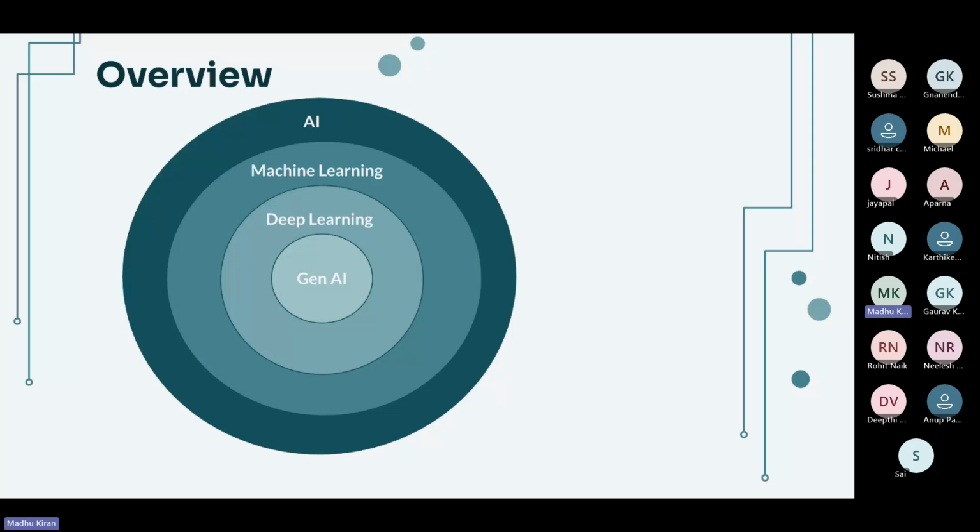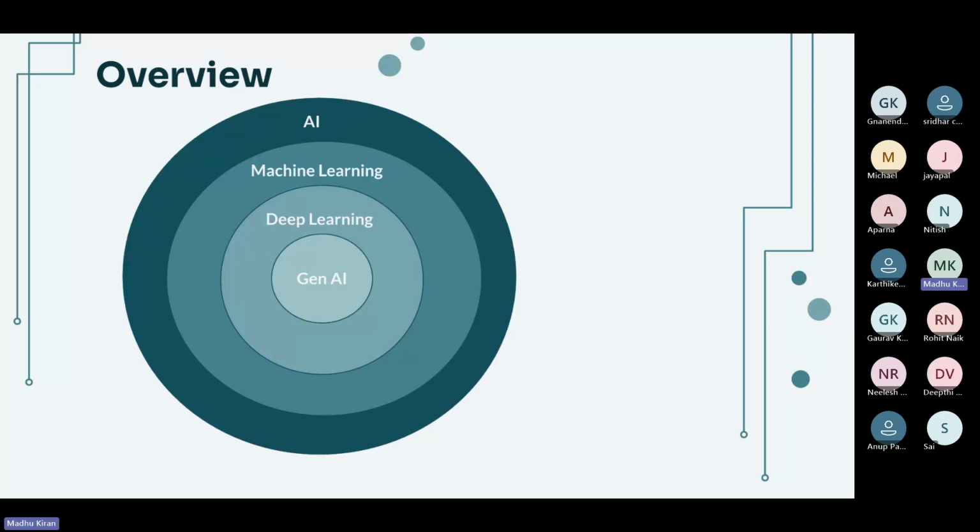AI has existed for decades, but suddenly from the last few years, there's a boom in AI. Why do you think it happened?